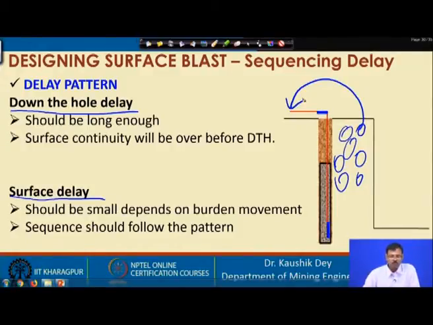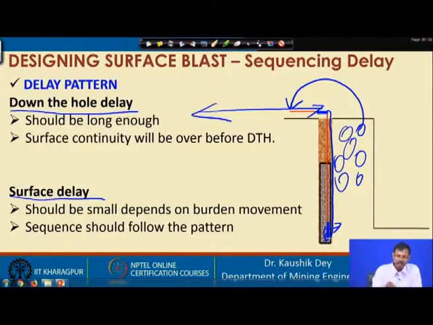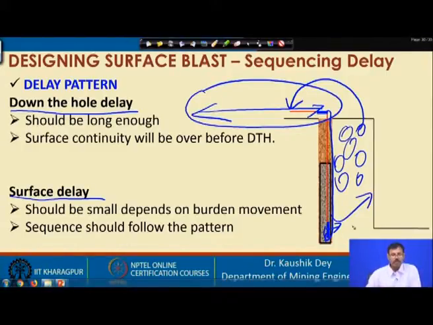So, it is always wished that before blasting of the hole, the surface connection must be blasted properly. So, a significant delay should be provided to the down the hole delay, so that the surface connection will be over prior to the blasting of the rock.